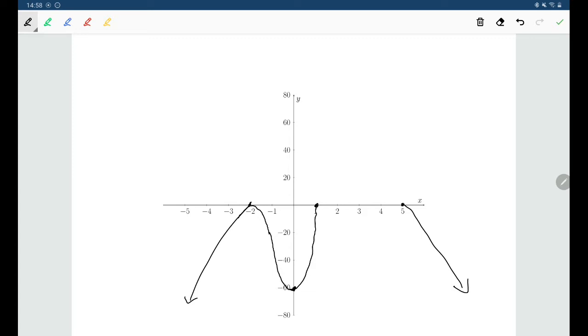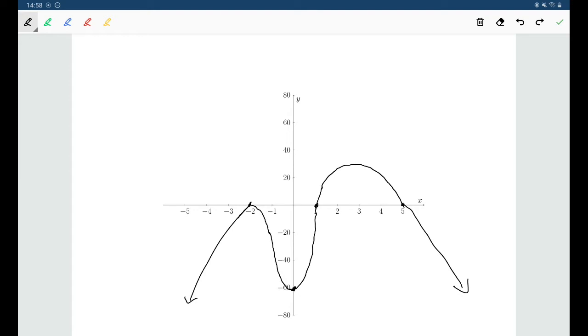At 1, we're supposed to cross the x-axis, which makes sense because then we'll have to come back down at some point, and at 5 we cross again, and yes, that's exactly what happened. So we do have everything that we needed to accomplish here.